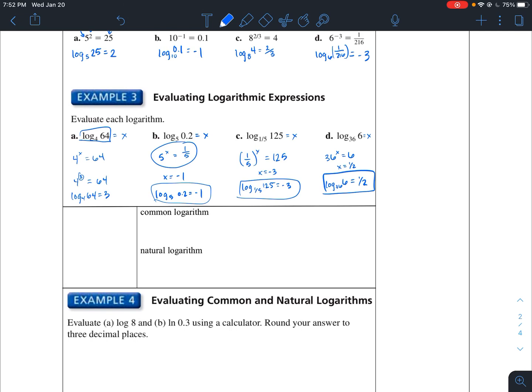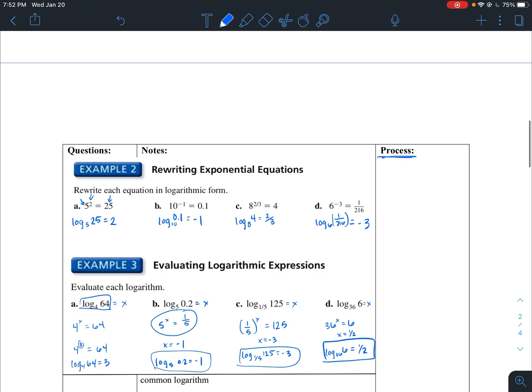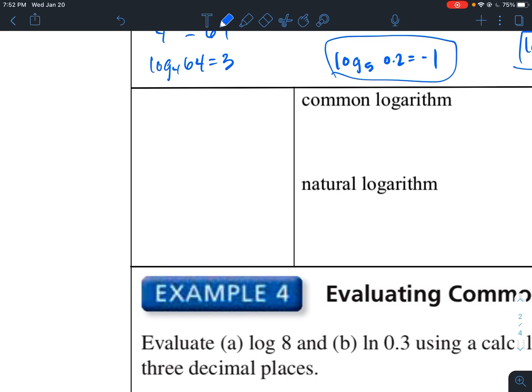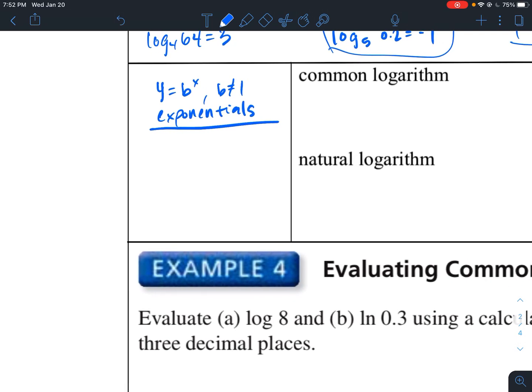Now let's talk about a common logarithm and a natural logarithm. Remember last time I talked about exponential functions in general, which was y equal to b to the x, where b was a number greater than 0 that didn't equal 1, so b was equal to 2, 3, and this is how you got exponentials. And then we also talked about a specific exponential function, y equal to e to the x.